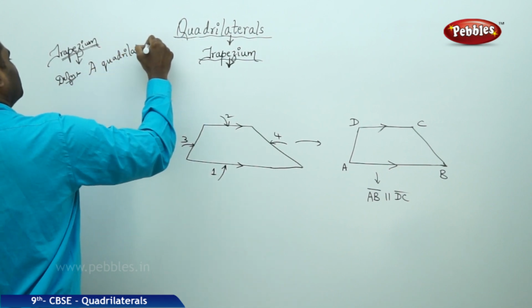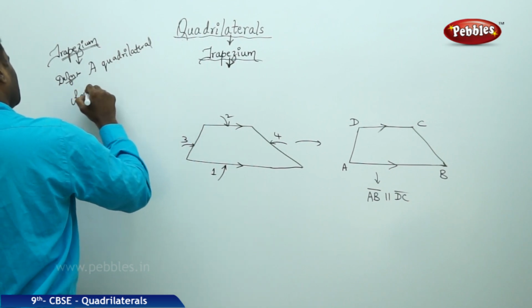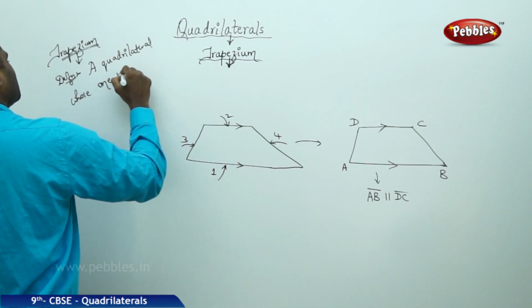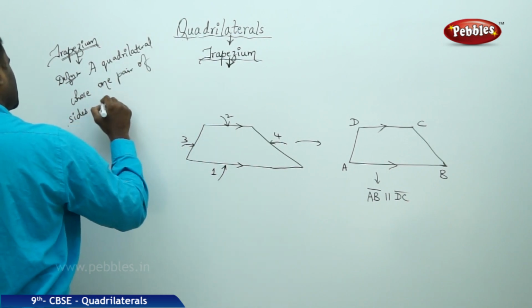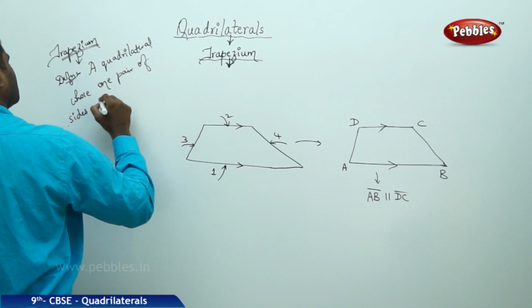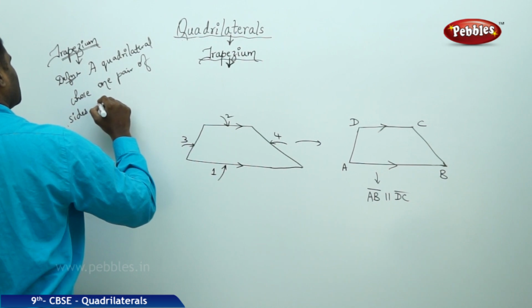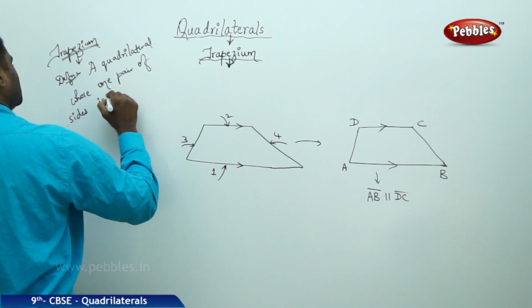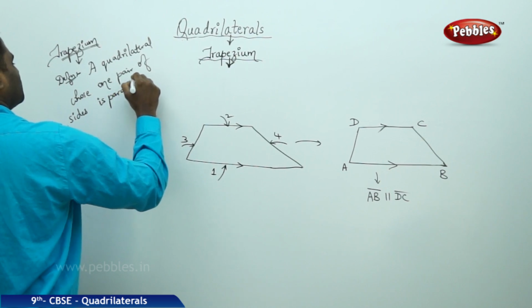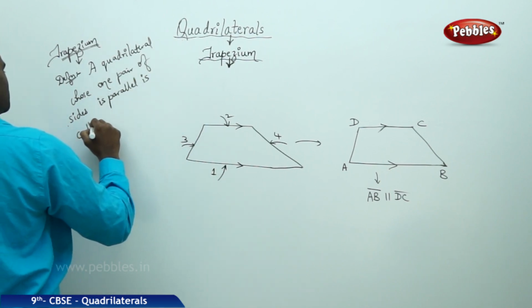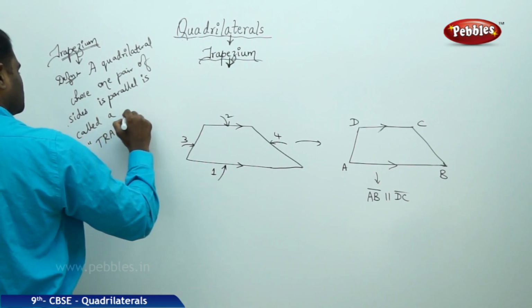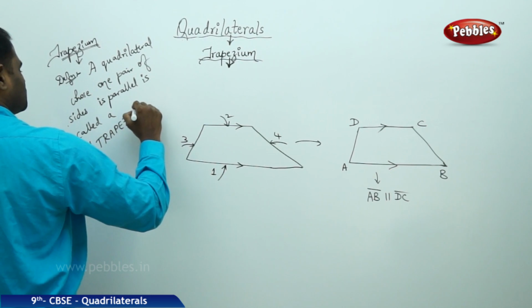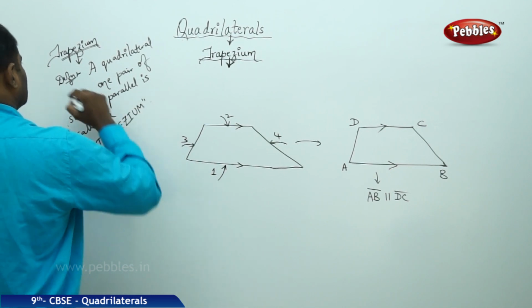A quadrilateral whose one pair of sides is parallel is called a trapezium.